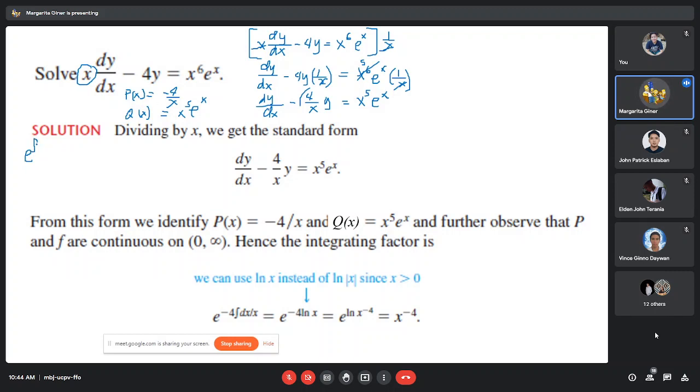So, our px is negative 4 over x dx. Okay? So, this is your e raised to negative 4 over x dx. Now, how do we solve the antiderivative?